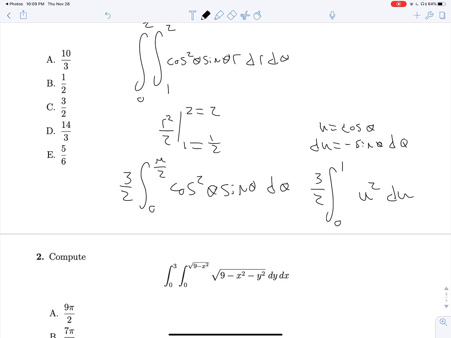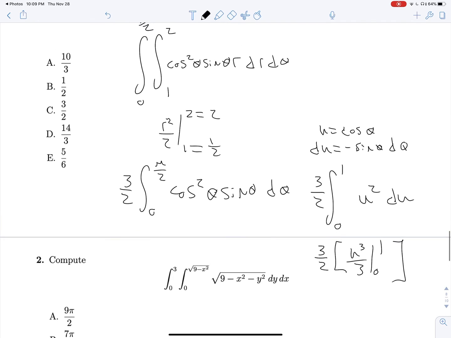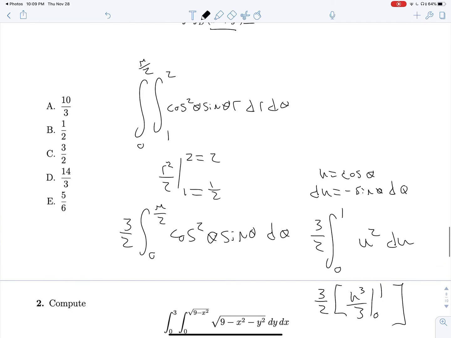So this will be 0 to 1, and flipping that sign. So we can evaluate this. This will be, oh my god, my math is going down the drain. 3 over 2 times the quantity u cubed over 3 on 0 to 1, which is just going to be 1/3. So 1/3 times 3 halves is just 1/2.